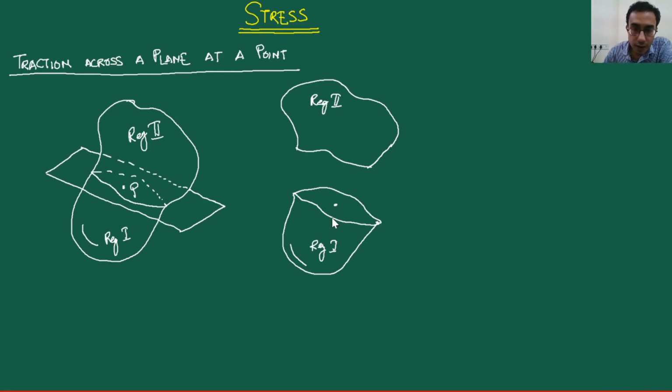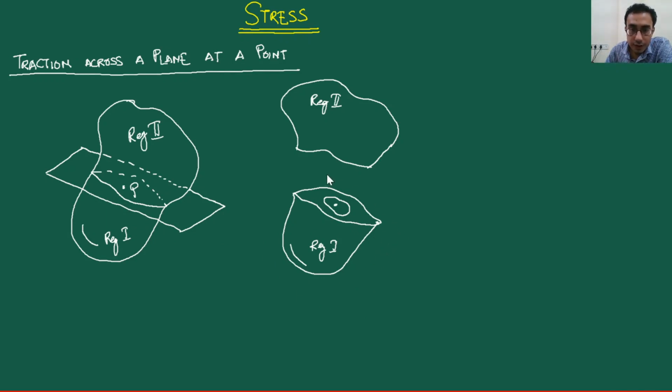Now, when I'm focusing on my region 1, especially on this point P, I consider a little area around it. Since I have these various loadings present on this body, when I cut out this region 1, a certain distribution of the loadings would still be present here.